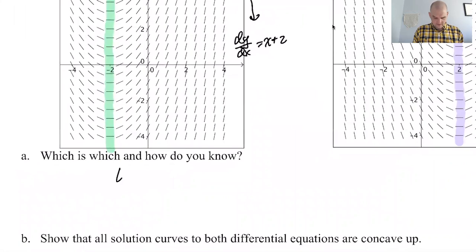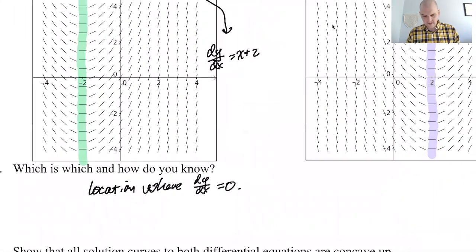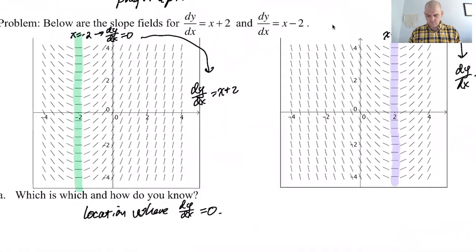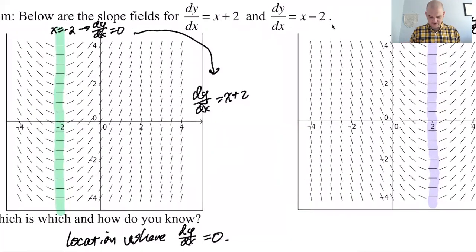The location where dy dx equals 0, which is almost always enough, right? What if that wasn't working for you, you just don't know, right? I'm gonna choose to look at a point, in this case, I'll switch colors. I'm gonna look at the point 0, 2.